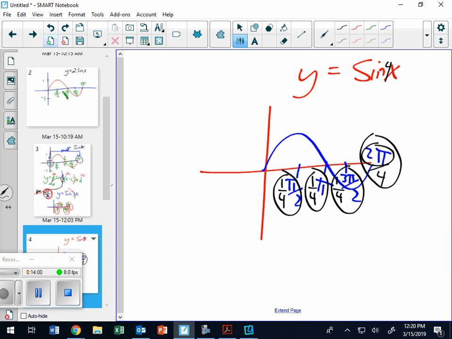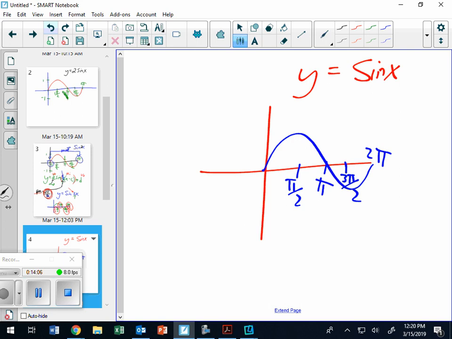It's actually super easy to move the graph. Let's say I just wanted to take normal sine, because again, you always start with that. And then let's say I want to move it this way. Which way did I just move it? Right or left? Right. It's counterintuitive because it's on the inside.